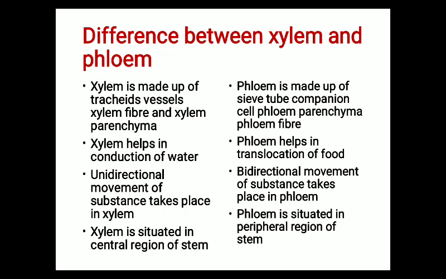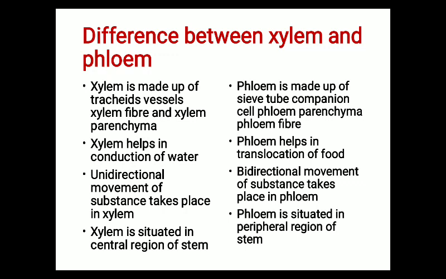On the other hand, phloem is made up of sieve tube, companion cell, phloem parenchyma and phloem fiber. Second difference is xylem helps in conduction of water, phloem helps in translocation of food. Third difference is unidirectional movement of substance takes place in xylem and bidirectional movement takes place in phloem.